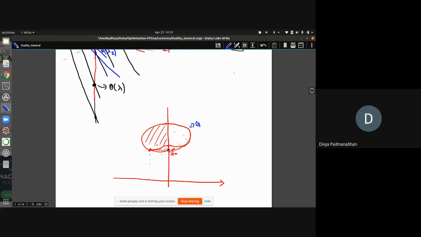So for example, in something like this, if you fix lambda as 0, and then if you try to find the line supporting this, so the set G goes in this manner, but if you take a line of slope lambda equals 0, then what you get is something like this. Okay, so this intercept will be theta of lambda.